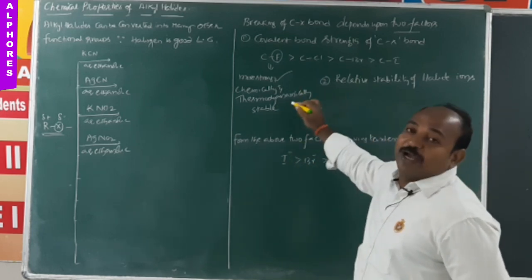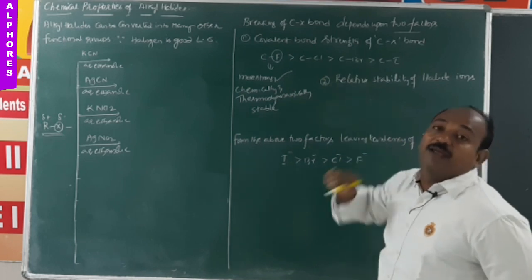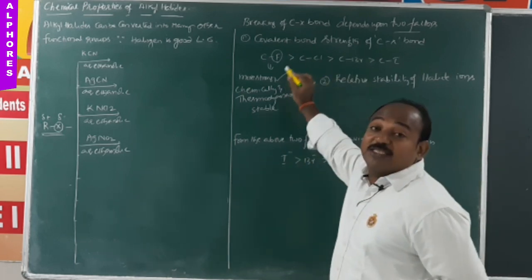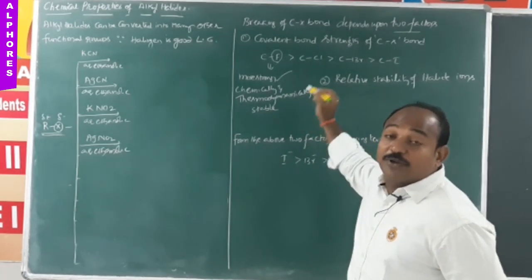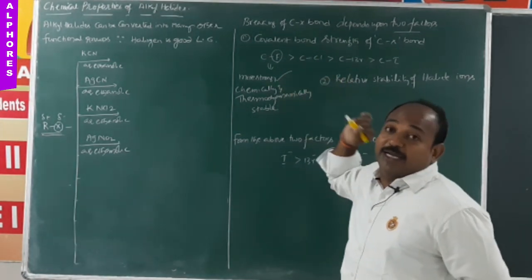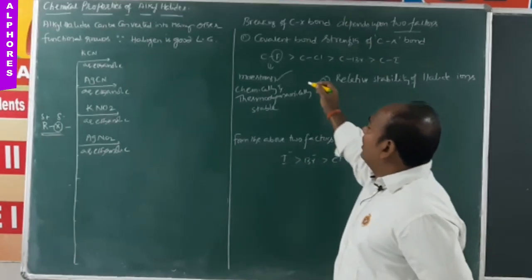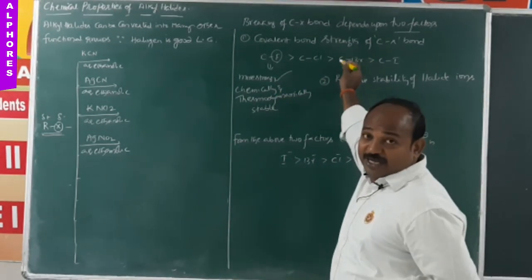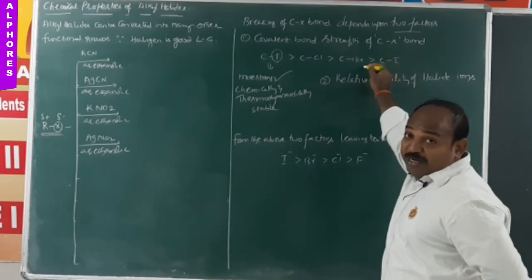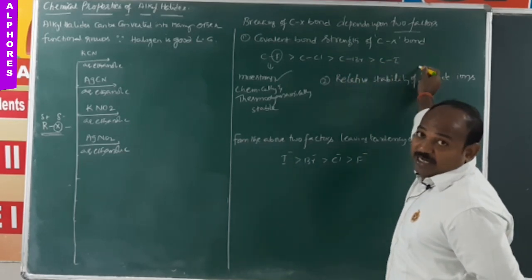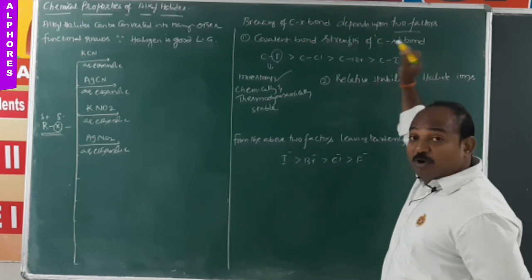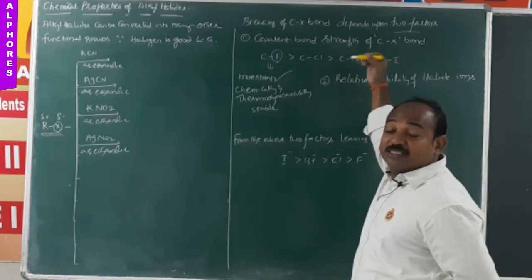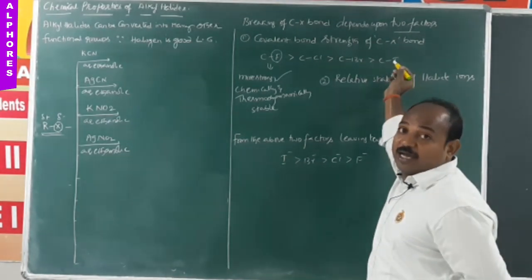Hence the energy required to break C-F is very high. That's why it is very difficult to displace F minus from alkyl fluorides. In other words, the ease of displacement of F minus is less than Cl minus, less than Br minus, less than I minus, because their bond energies are C-F greater than C-Cl greater than C-Br greater than C-I.